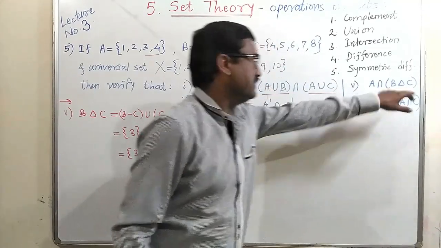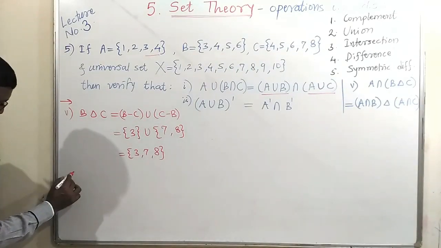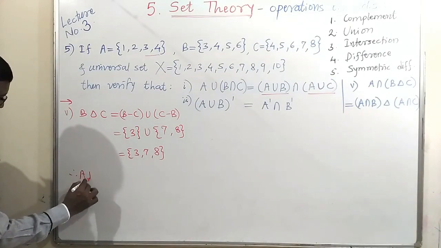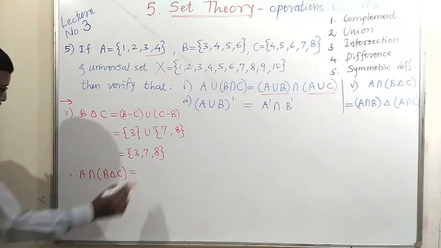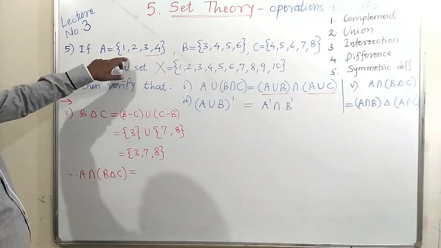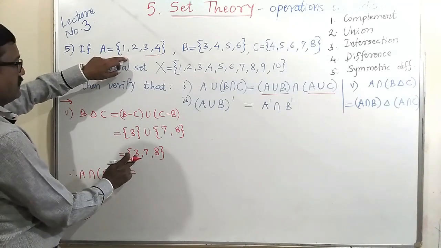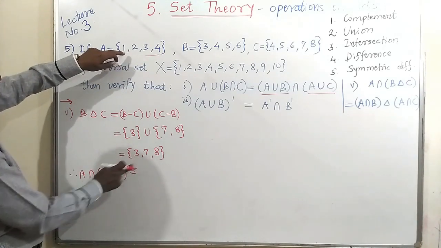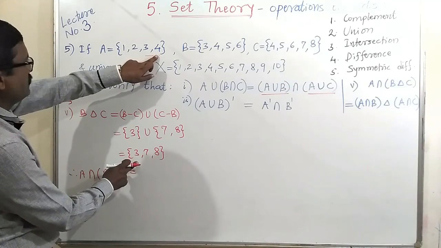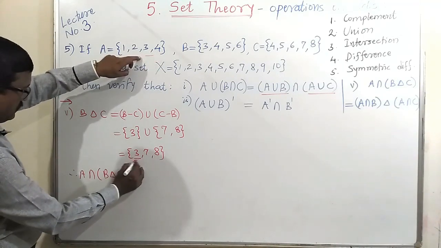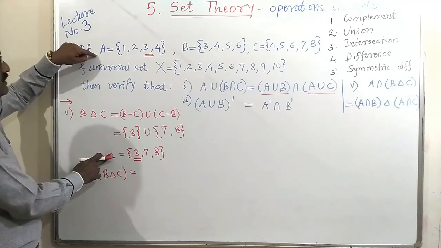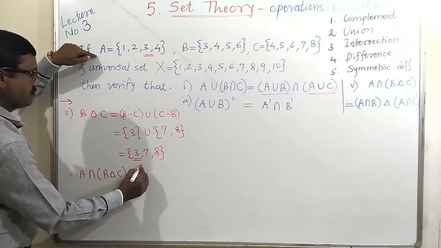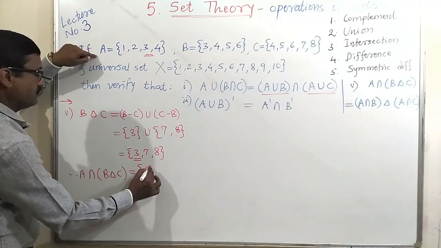Intersection of A with this symmetric difference. Therefore, A intersection B symmetric difference C. That is, the A is nothing but 1, 2, 3, 4, and B symmetric difference C contains 3, 7, 8. So intersection is common elements. Only 3 is common in these two. So this contains only element 3.